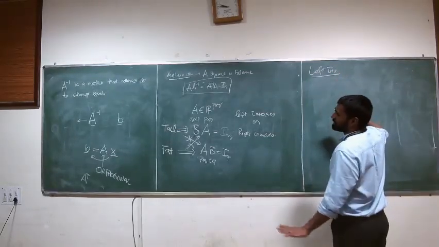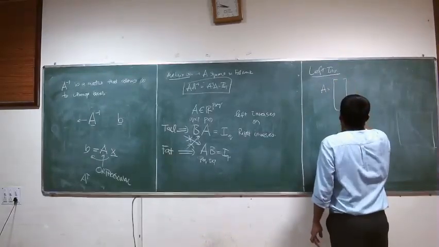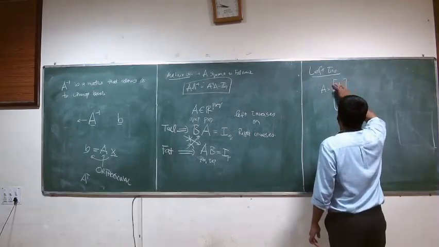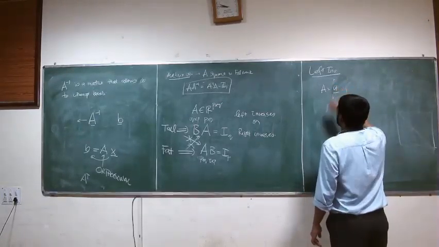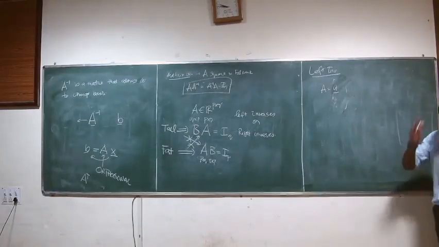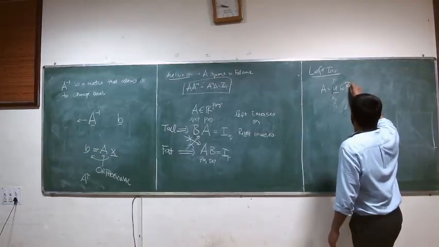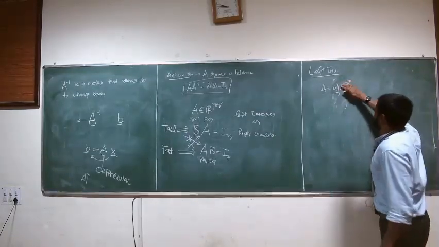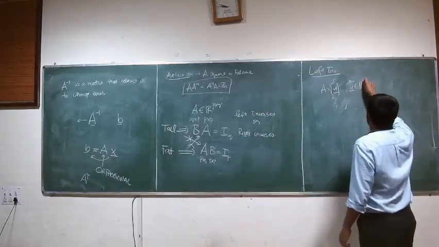Well, the simplest possible tall matrix is simply a column vector, one column, that belongs to R^n. A belongs to R^n.